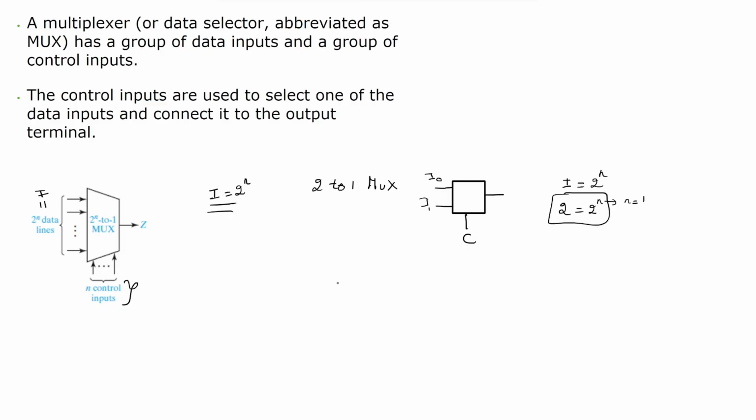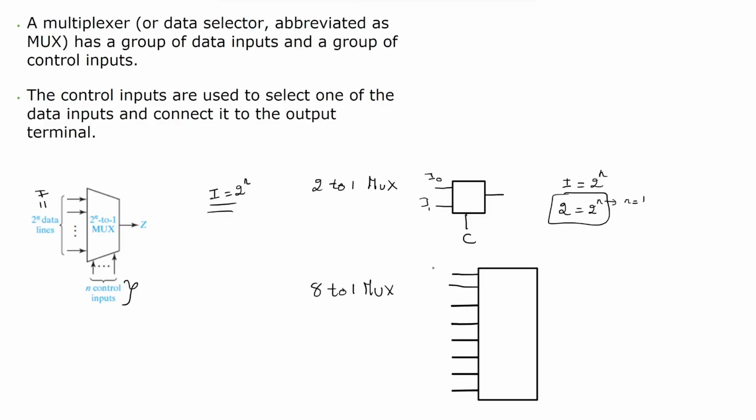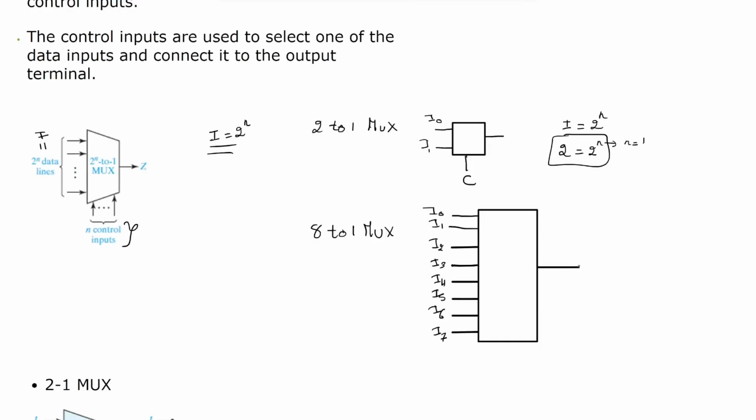It's fine. So similarly, let's see the 8 to 1 MUX. Let's draw the symbol for it. We need 8 inputs, let's call them I0, I1, and so on, and we have one output. Let's call it Z. So how many control inputs do we need? Similarly, we can apply this. I, the number of inputs, is equal to 2 to the power n, and n is the number of control inputs.